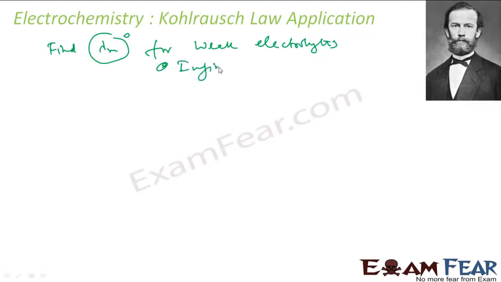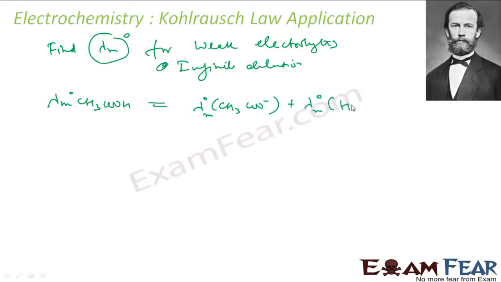For example, if I want to find the molar conductivity of CH3COOH at infinite dilution, that will be nothing but the molar conductivity of CH3COO minus at infinite dilution plus the molar conductivity of H plus at infinite dilution. These values you can actually get in some textbook. That is the first application.